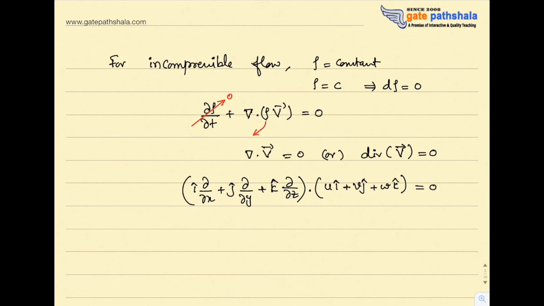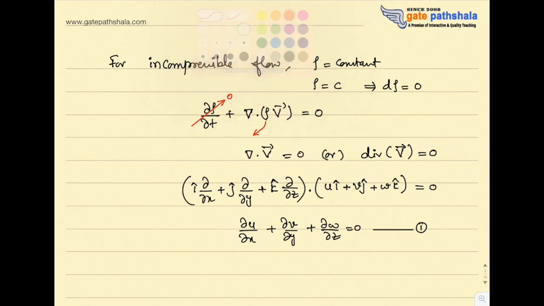If I take the dot product with this, I'll be getting dou u by dou x plus dou v by dou y plus dou w by dou z equals to 0. Let's name this equation as equation number 1. Remember, this equation 1 is very important, so just bracket this.